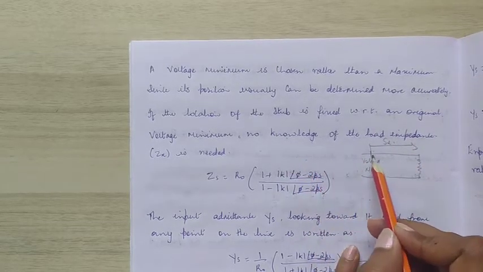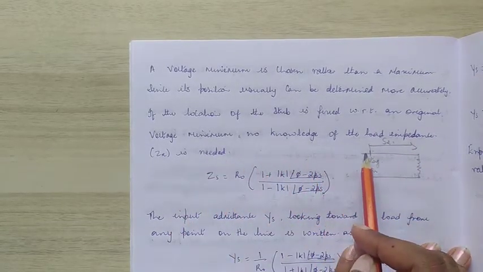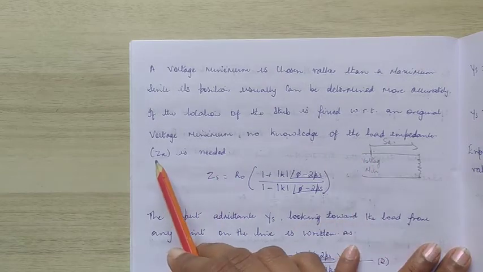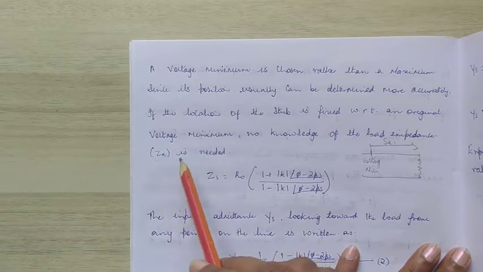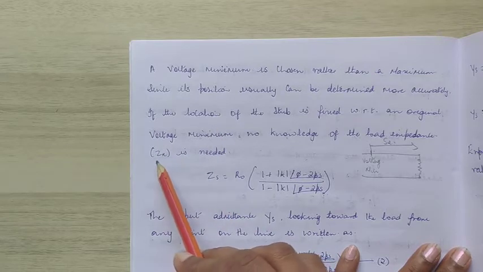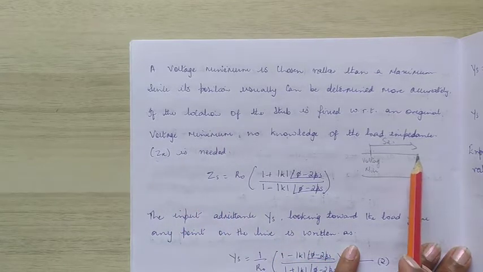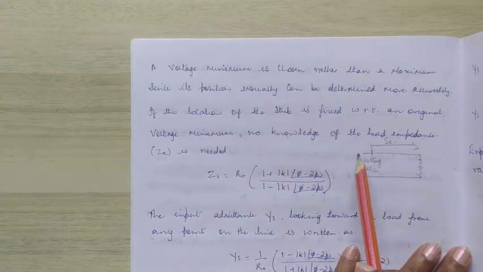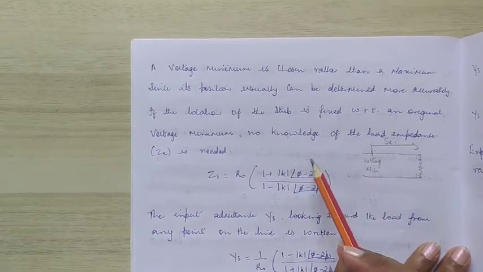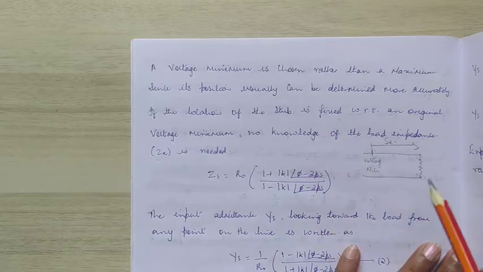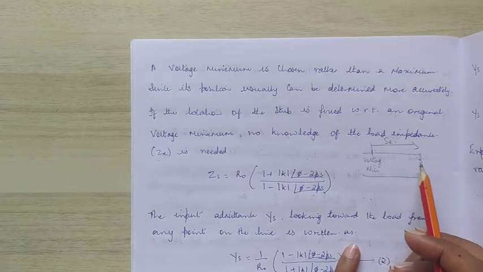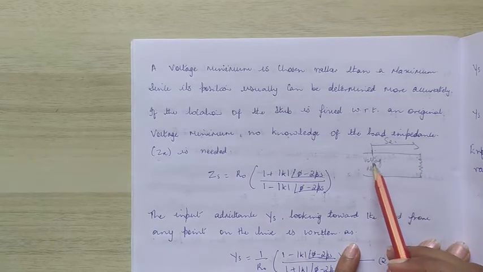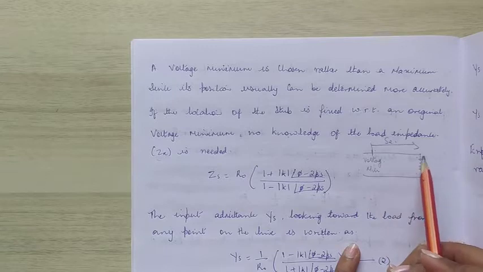Supposing if the length of the line is so long and you find the voltage minima over here, that means you're simply increasing the, because like I said, between the voltage minima and the load, that length of the line is actually being wasted and there is going to be loss. So if you take the voltage minima that is further away from the load, you are simply increasing the losses that would be introduced. So what we do, we take a voltage minima that is closest to the load.